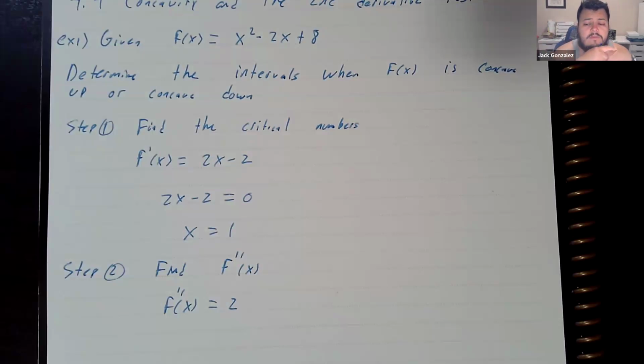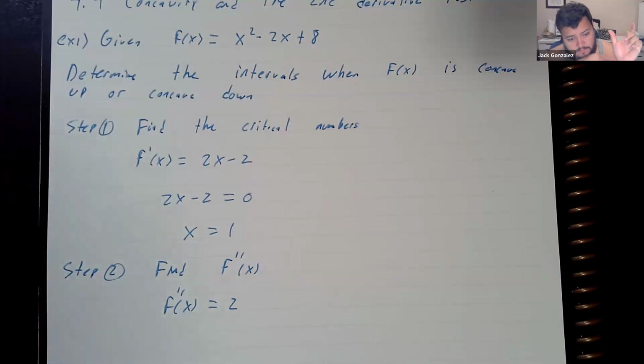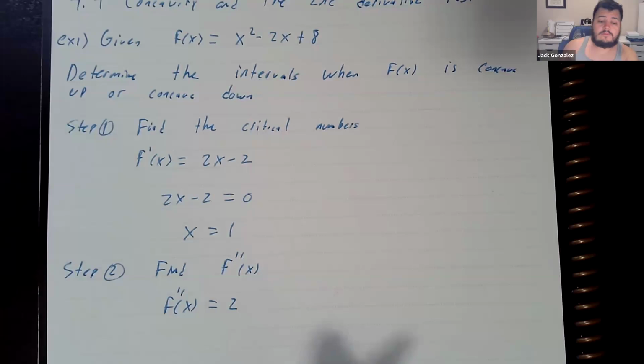So if your second derivative is positive at a specific x value, right, then it is concave upward. Okay, so I'll draw you a picture in a moment.